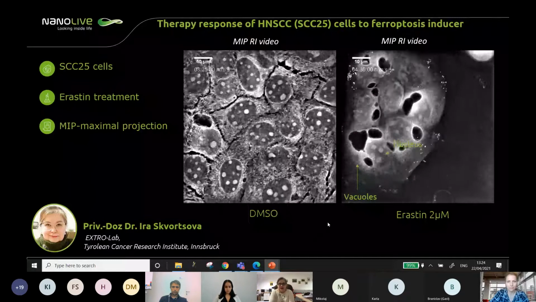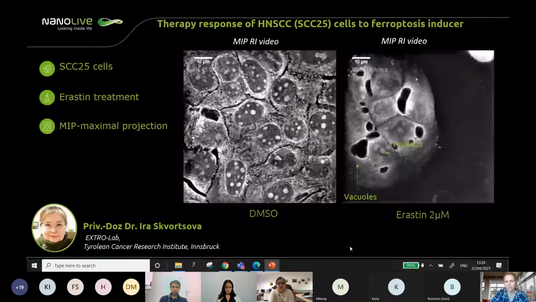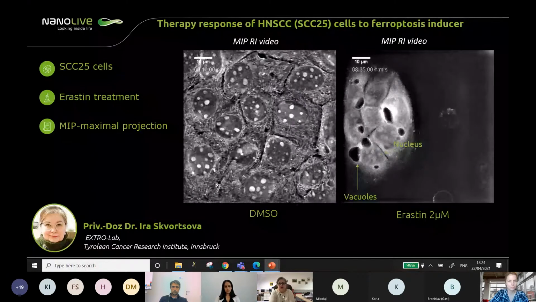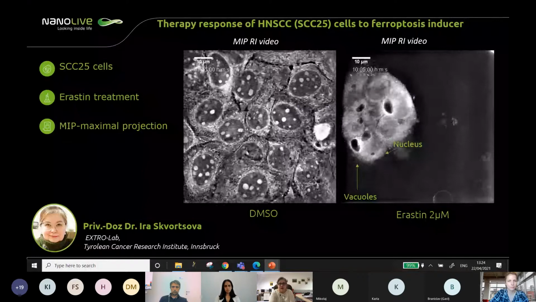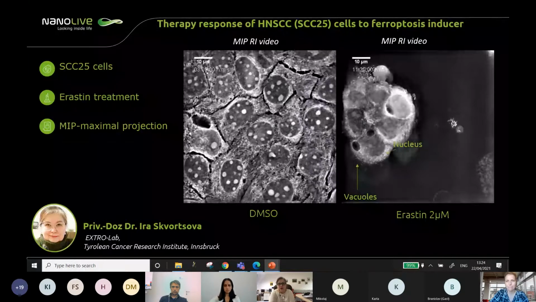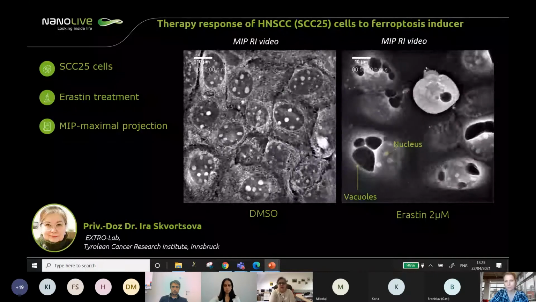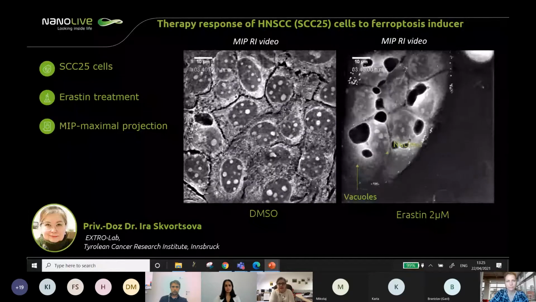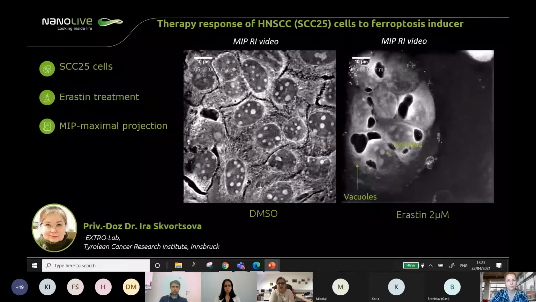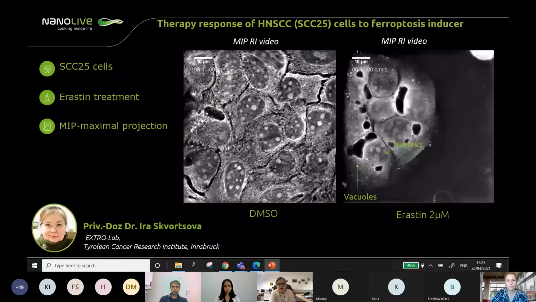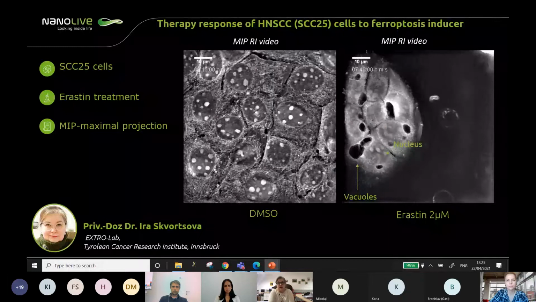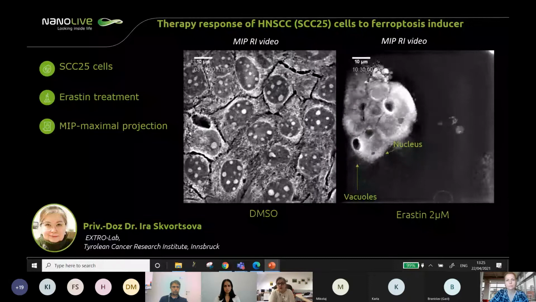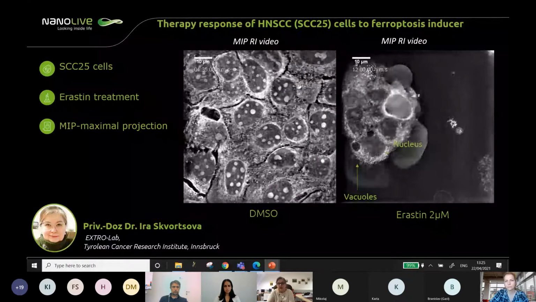And next, our interest, since we work on different responses of different cells with different sensitivities to radiation treatment and to chemotherapeutics, we also use novel agents which could kill therapy-resistant cells, and we would like to see the differences in morphology and in the behavior of cells when they reveal different sensitivity to different compounds like Erastin.